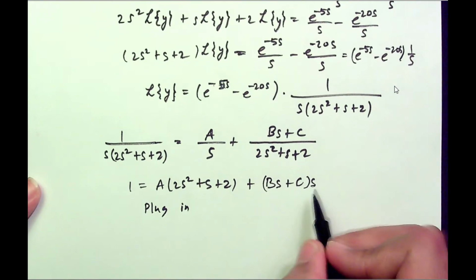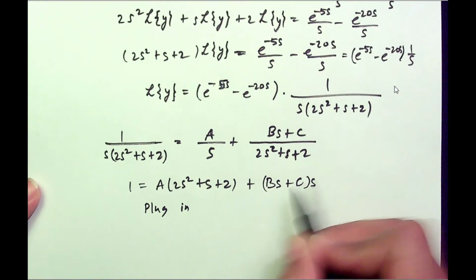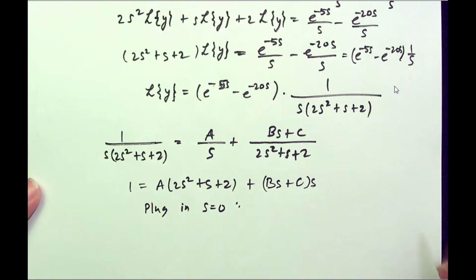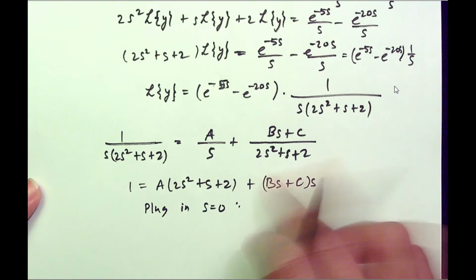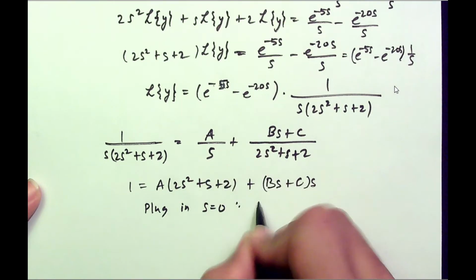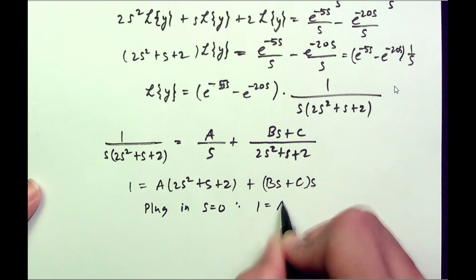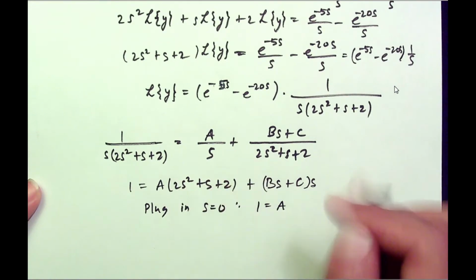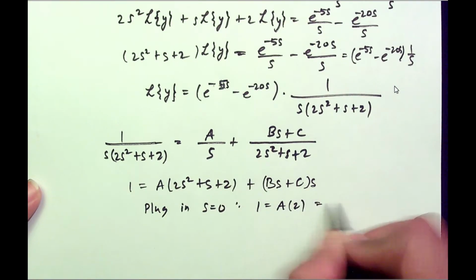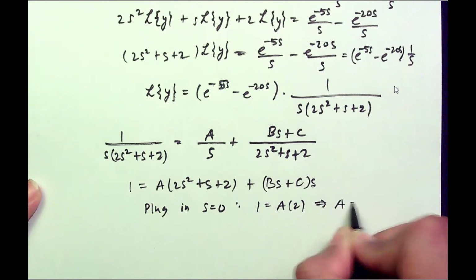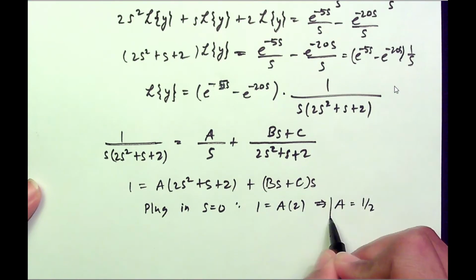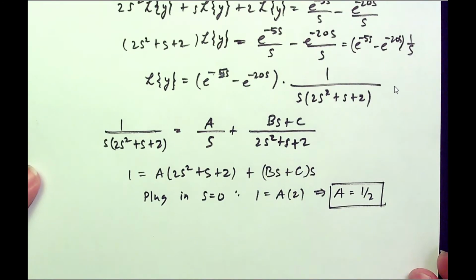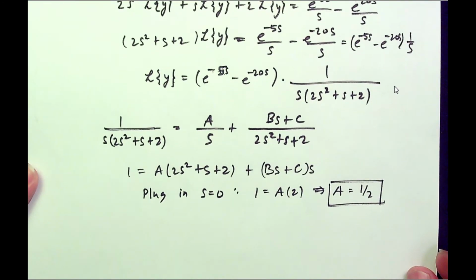If we plug in s equals 0, we can kill this one. So why not? Plug in s equals 0. That one goes, the entire thing goes, and here you would get 1 equals A times, what do you get when you plug in 0 here? 0, 0, and 2. So A times 2, so that means that A equals a half.